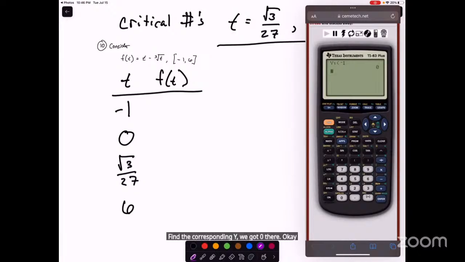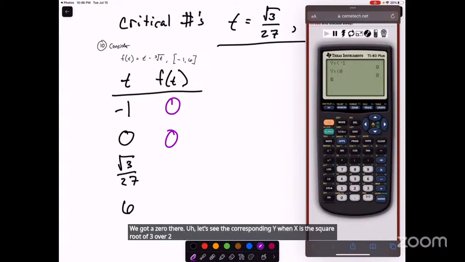Okay, so we got a 0 when x was 1. Let's see the value when x is 0. We got a 0 there. Let's see the corresponding y when x is the square root of 3 over 27.